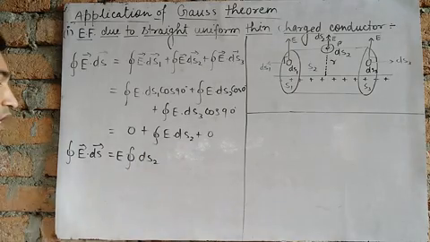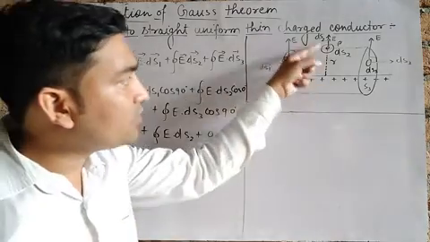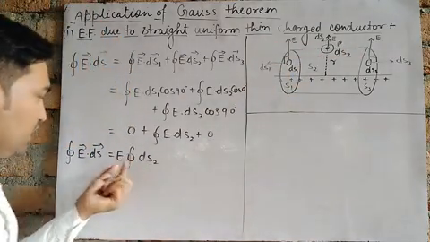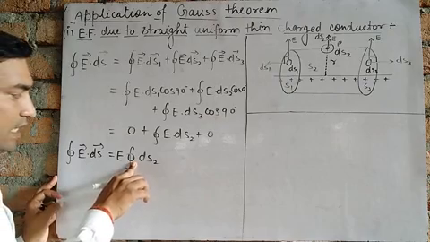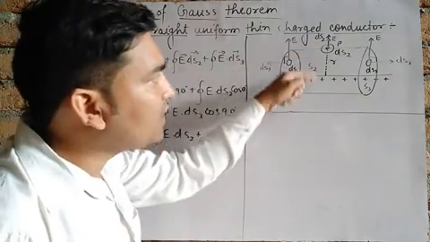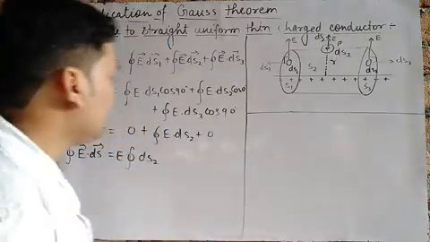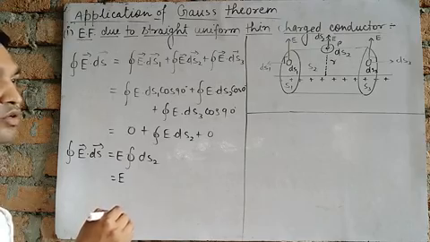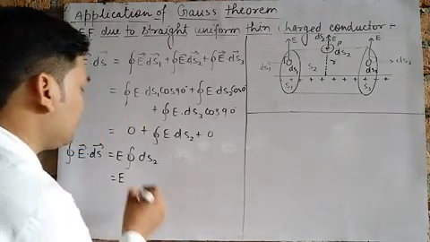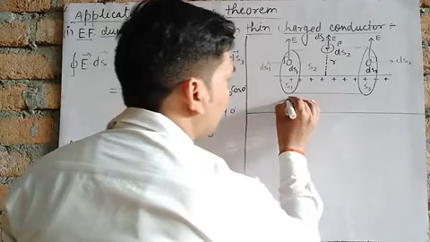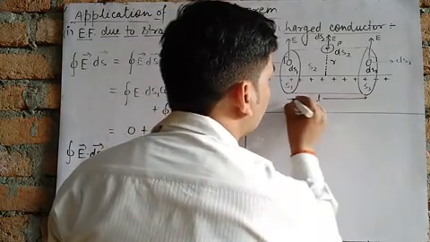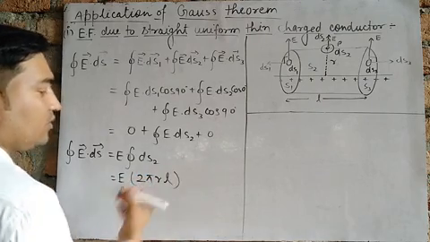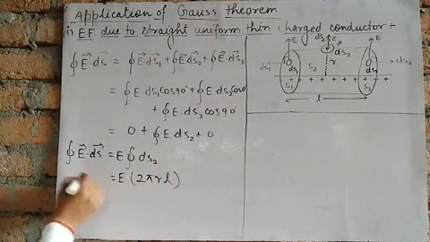Here S2 is the curved surface of this cylinder, and this closed integral means the total surface integral. What is the surface area of this cylinder? You know the curved surface area of a cylinder is 2 pi r h. The length of the cylinder is L, so it is 2 pi r L. This is equation 1.